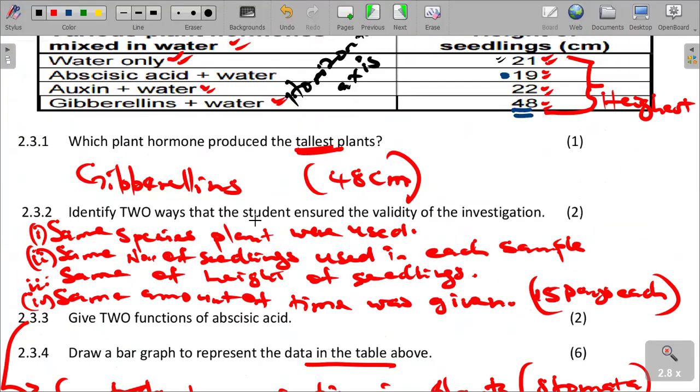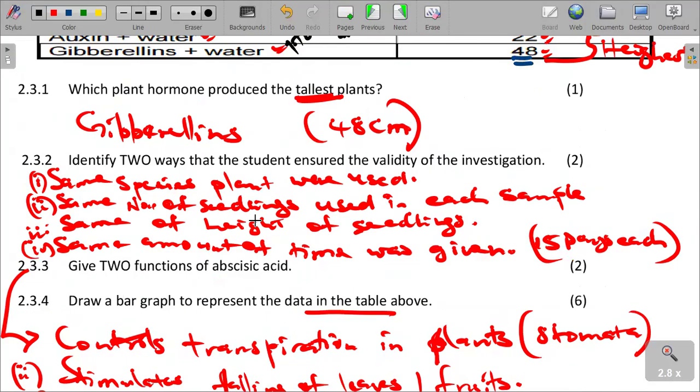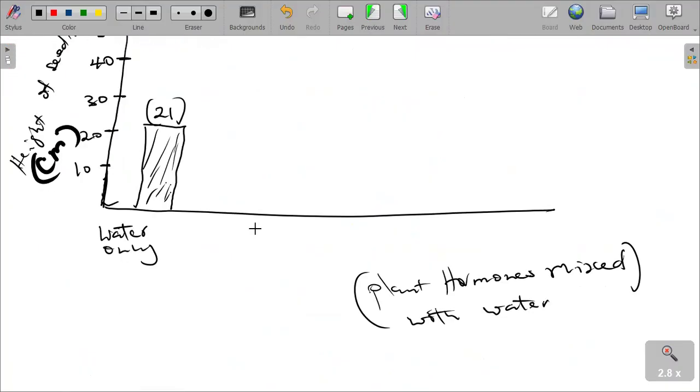And the next one is 19, abscisic acid plus water. When you write in full, write abscisic acid plus water. Now I'm just writing in short.